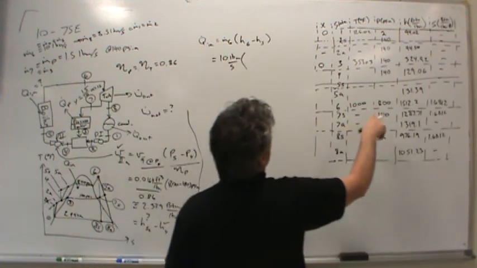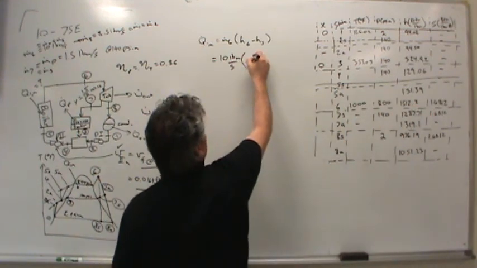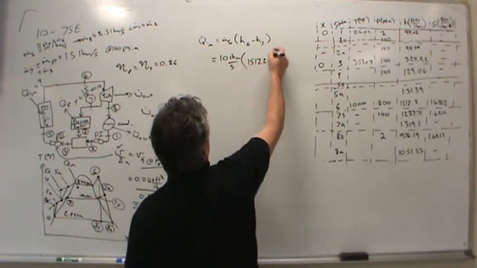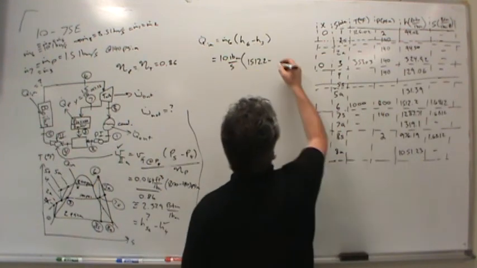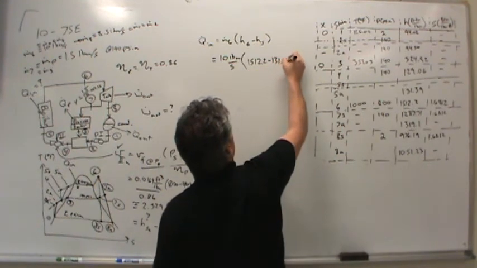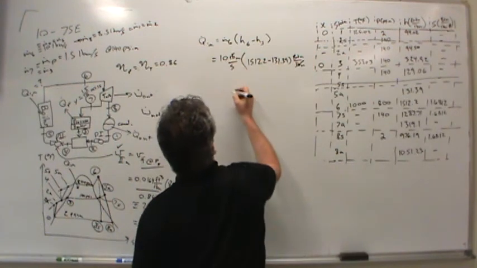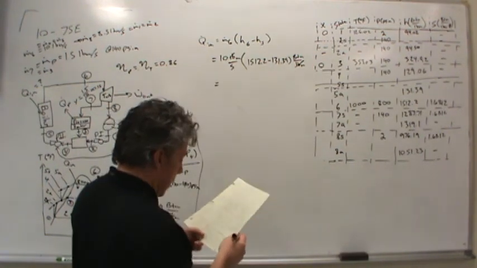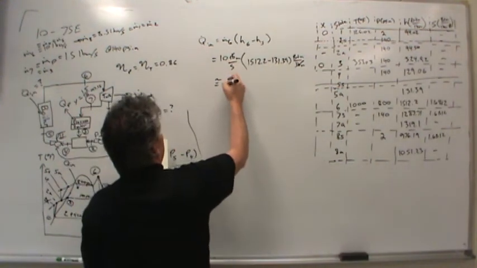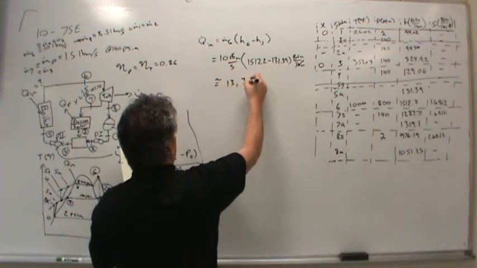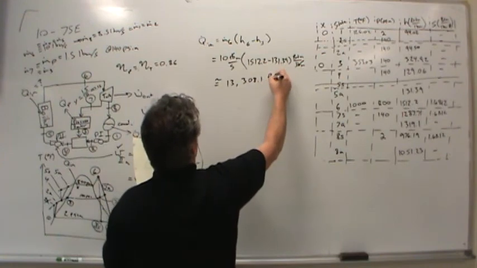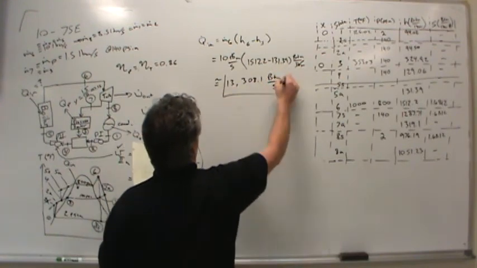Well, H6 is 1512.2. H5 actual is 131.39. These are both BTUs per pound mass. And so the actual heat flow rate into this process is about 13,308.1 BTUs per second. That's one of the questions they had.